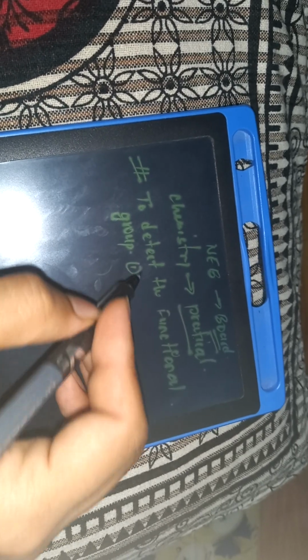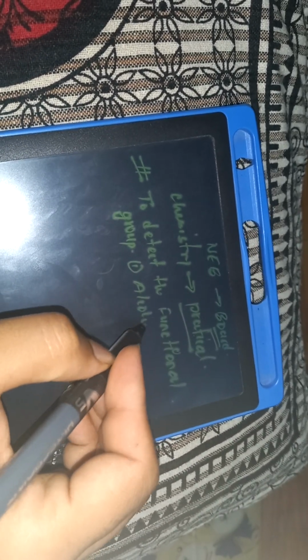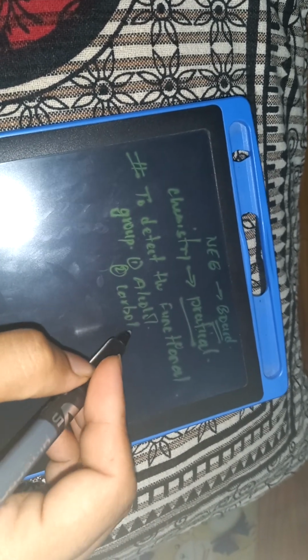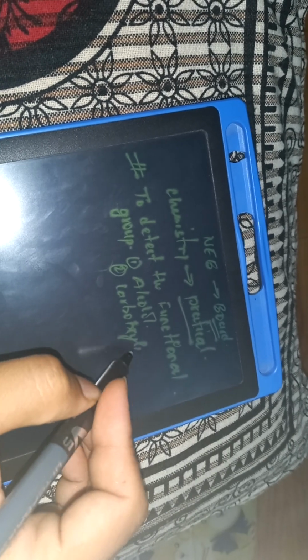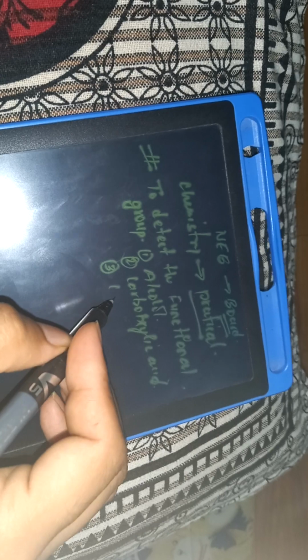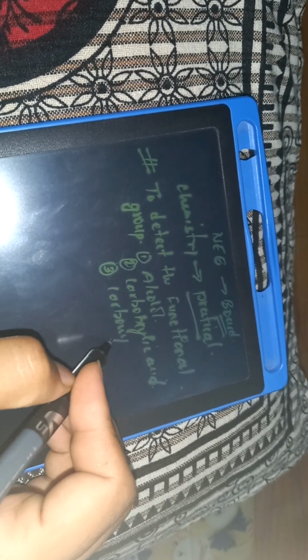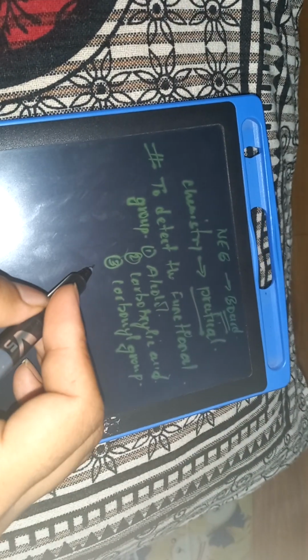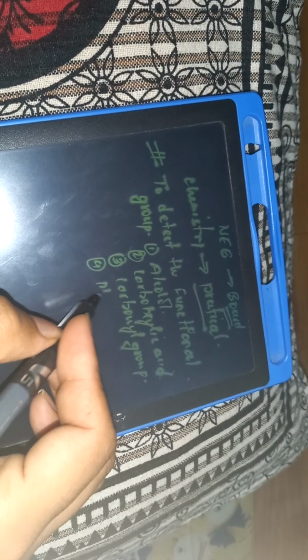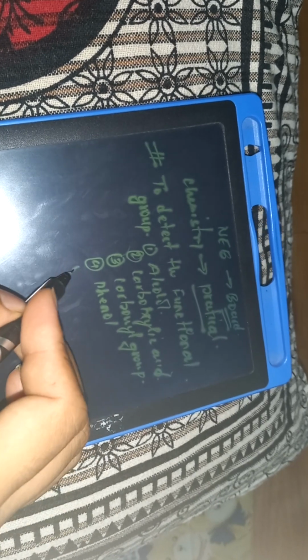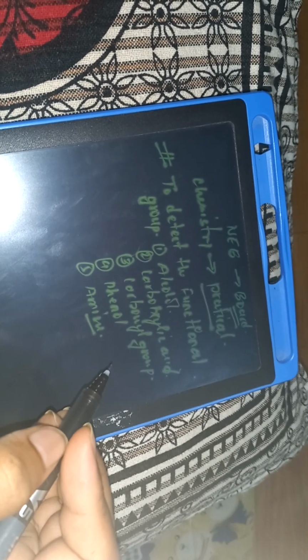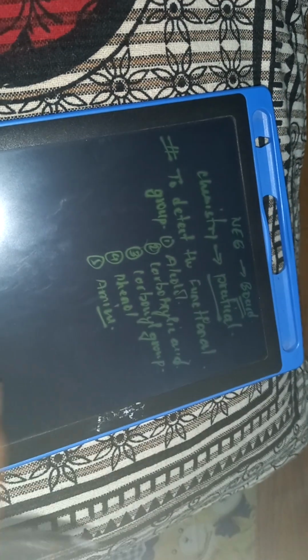In our board exam, we could be asked about alcohol, carboxylic acid, carbonyl group (aldehyde and ketone), phenol, and amine. Let's see how to write.